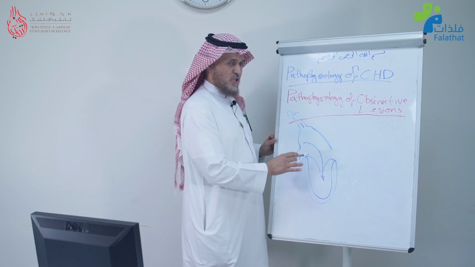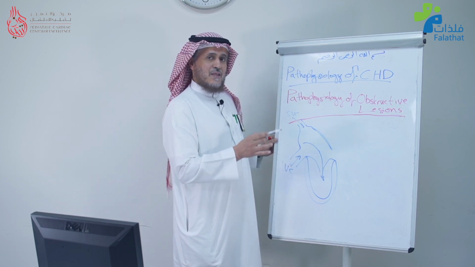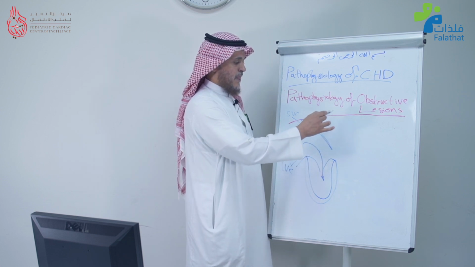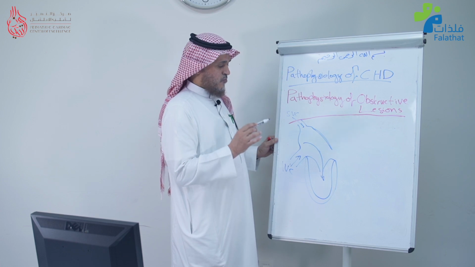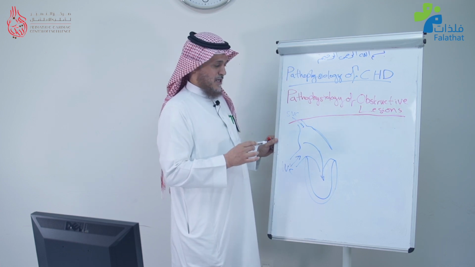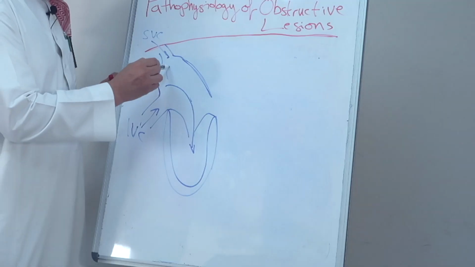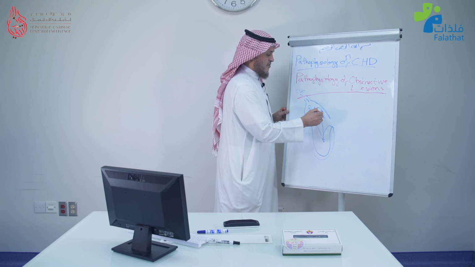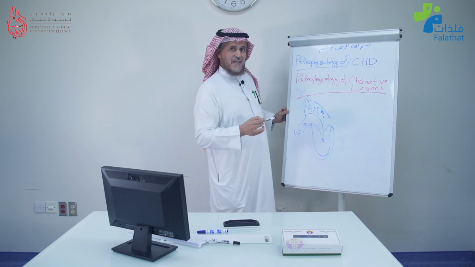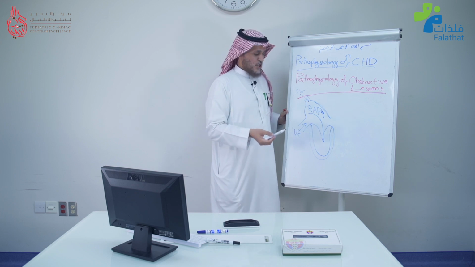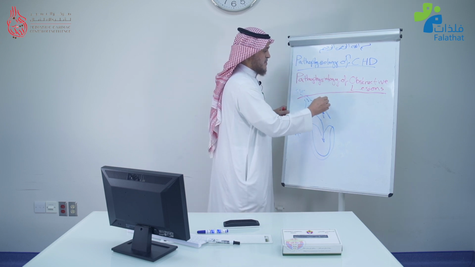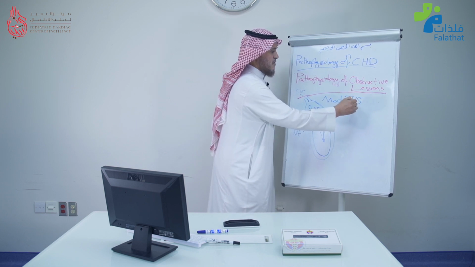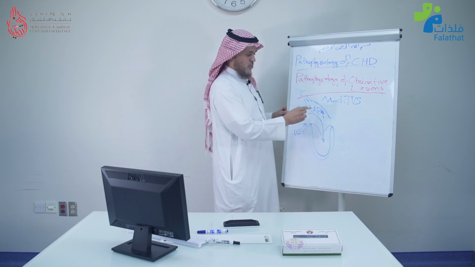When we talk about moderate tricuspid valve stenosis, that also will mean that the blood will most likely be able to go in and be pumped to the lungs, with one expense that we have to pay: the right atrial pressure will start to elevate. In mild, most likely the right atrial pressure will not elevate that much. In moderate tricuspid valve stenosis, the right atrial pressure will have to elevate.